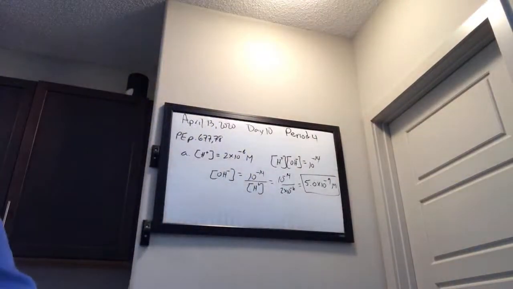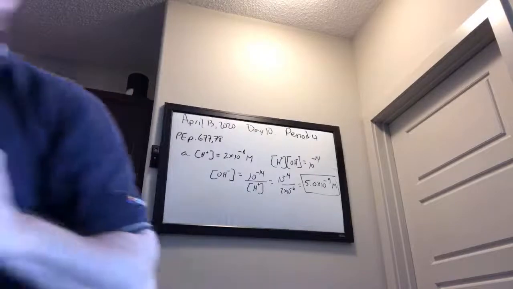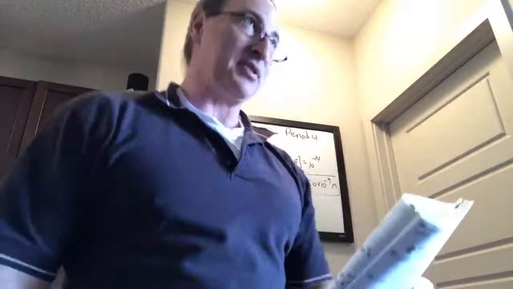In part B, it asks calculate the concentration of OH minus if H plus equals OH minus. Well, whenever H plus equals OH minus in aqueous solution, it means you have a neutral solution, and it means that both of them are 10 to the negative 7.